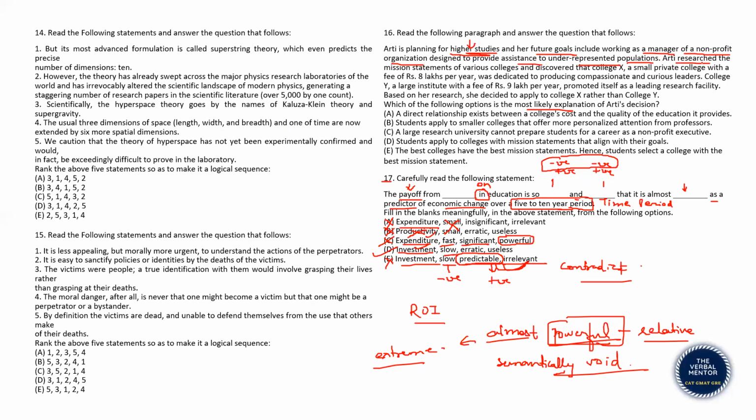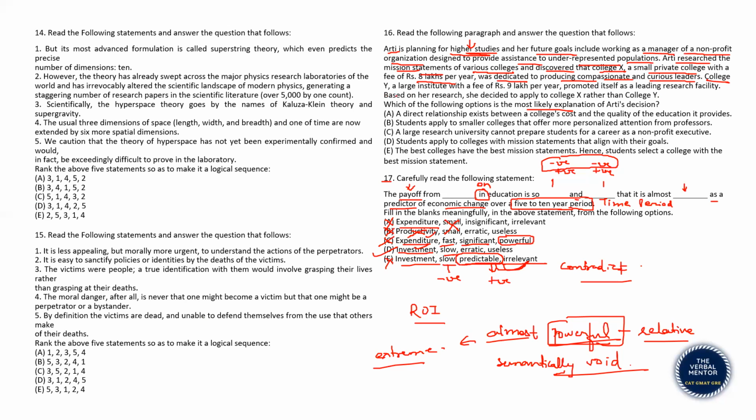Fair enough. Aarti researched the mission statements of various colleges and discovered that College X, a small private college with a fee of 8 lakhs per year, was dedicated to producing compassionate and curious leaders. So the mission statement aligns with Aarti's goals.